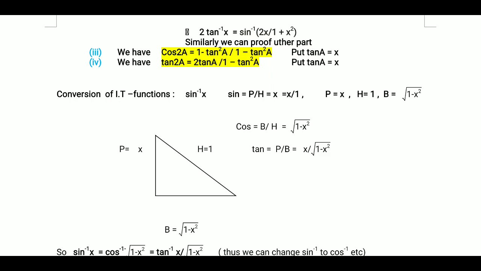Now find cos. Cos is base upon hypotenuse. From this triangle we can find under root 1 minus x square upon 1, that is under root 1 minus x square. And in a similar way, tan is the ratio of perpendicular and base from this triangle. So this becomes x upon under root 1 minus x square.